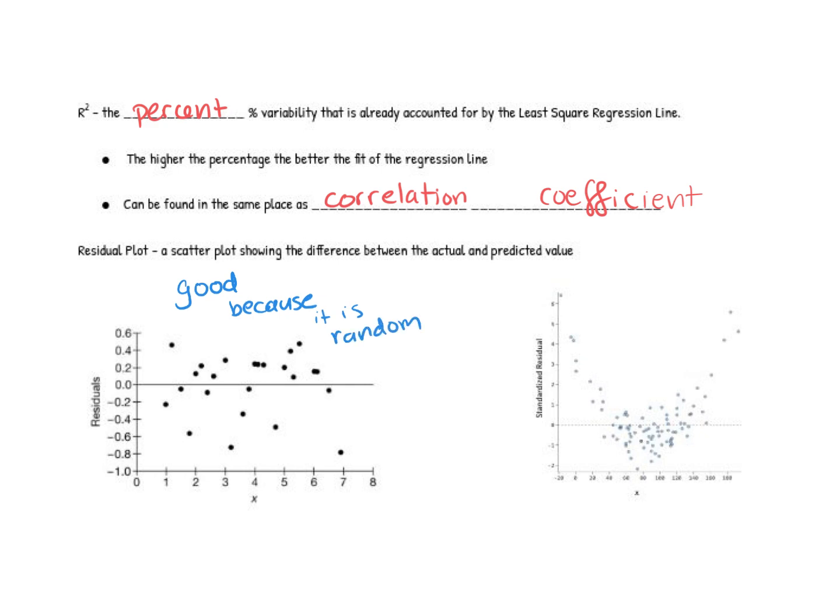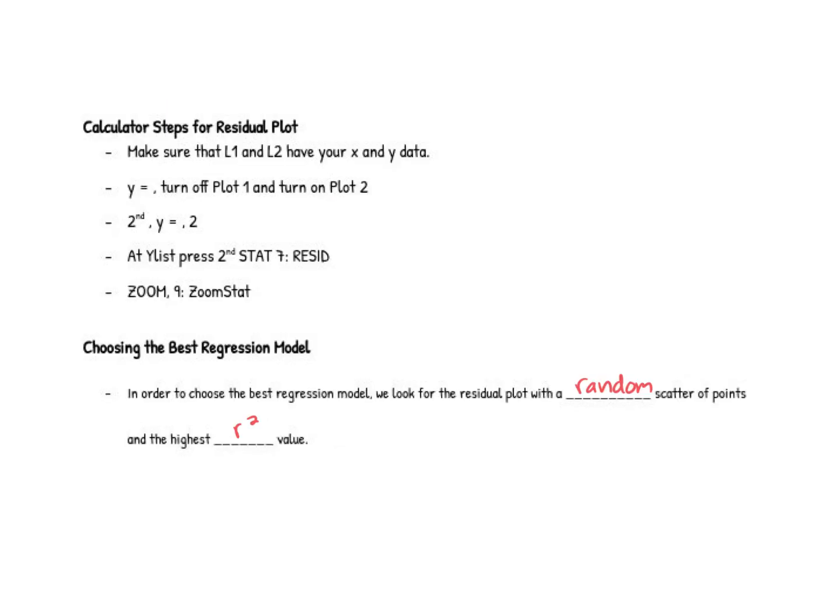Whereas the one to the right, this one would be bad because it has a pattern. You want residual plots to be random because when you see that pattern, that means that you don't have a very good regression line.